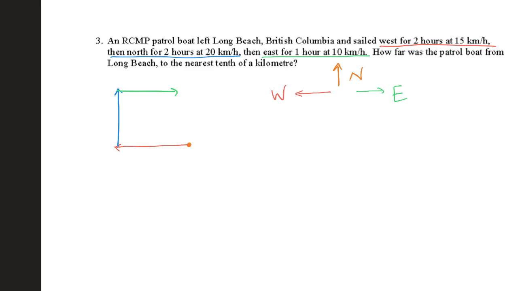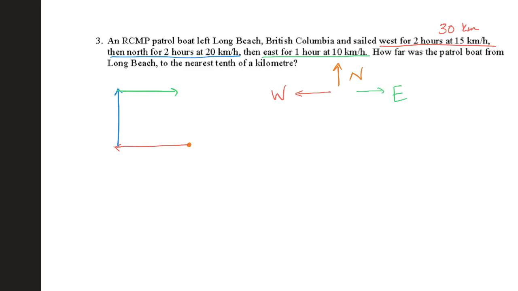Okay, what we're going to do is amend, or change, that diagram. We're going to fix it up a little bit. So we noticed that that red arrow was us sailing west for 2 hours at 15 kilometers per hour. Well, if we are going to travel for 2 hours at 15 kilometers per hour, then that's going to give me a total of 30 kilometers of distance.